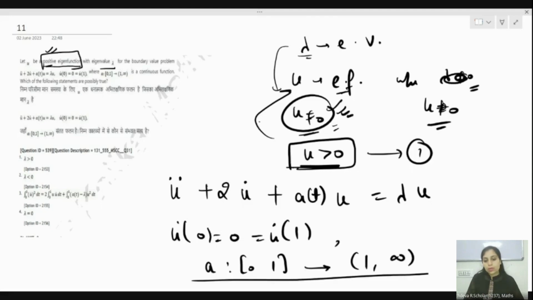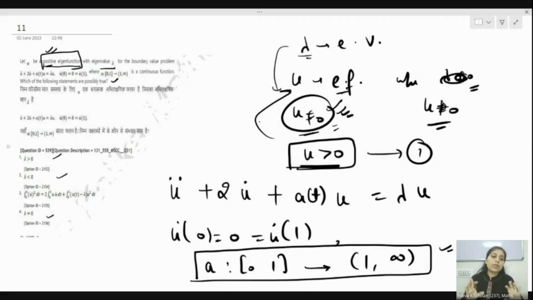See, this will also play a very important role. You will see further. a is a continuous function. Now, which of the following statements are possibly true? The first statement is lambda greater than 0. Second says lambda less than 0. Fourth says lambda is equal to 0.